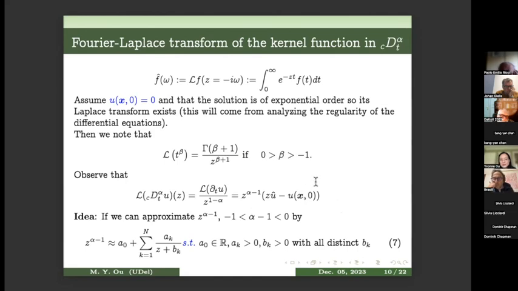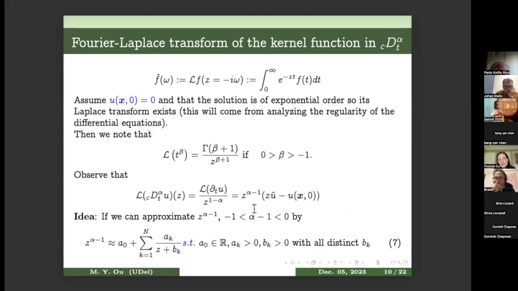And because I assume the initial value is 0, it is not even going to be here. So now the idea is the following. The Laplace transform of the Caputo derivative looks like this in the transform domain. So what can I do about it?